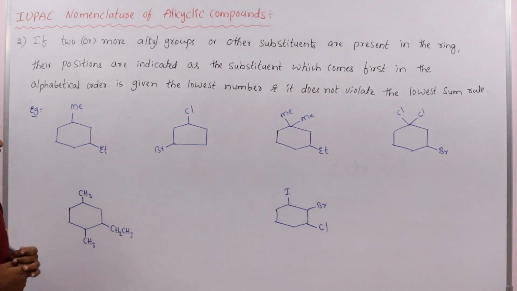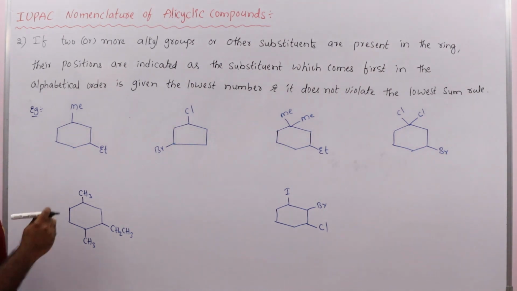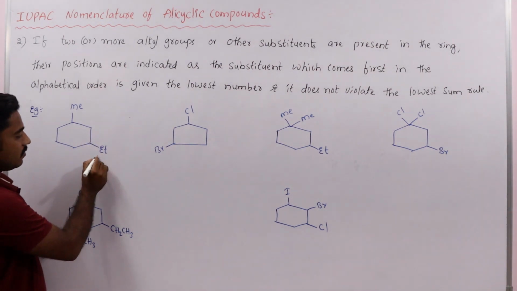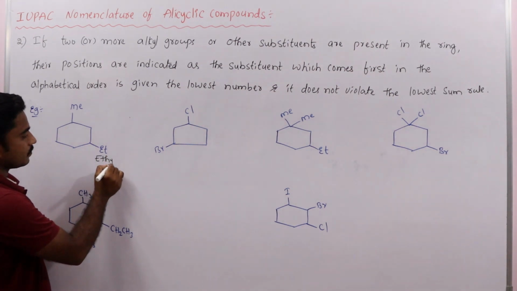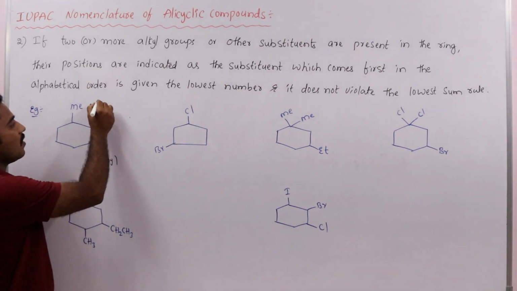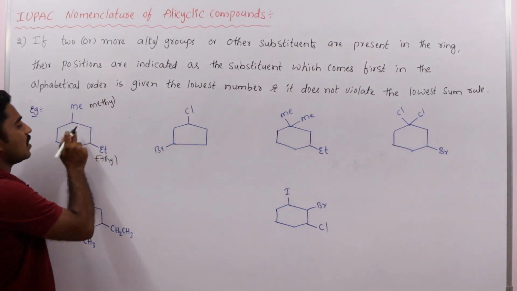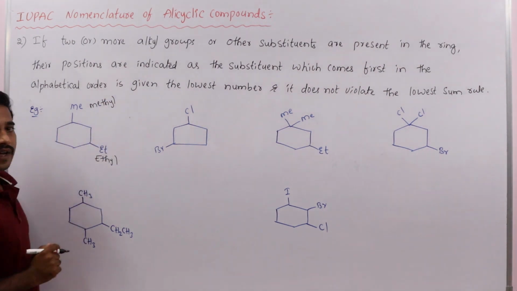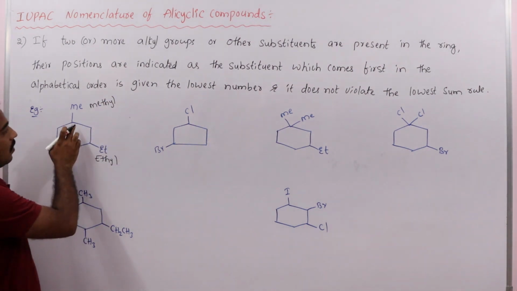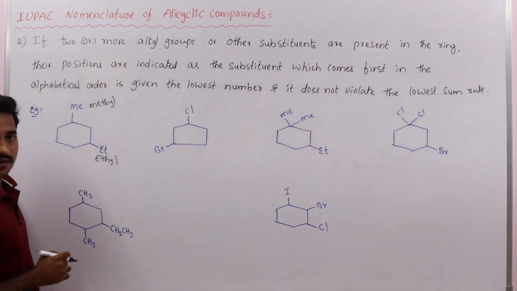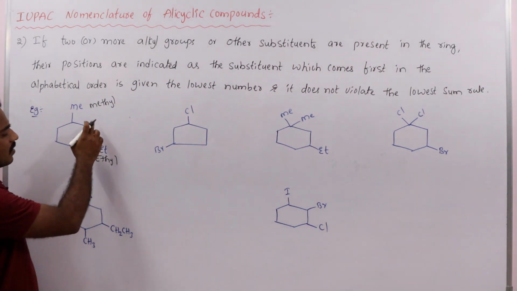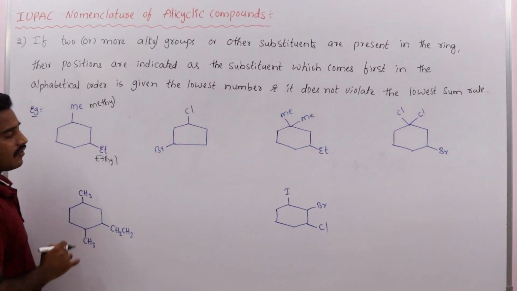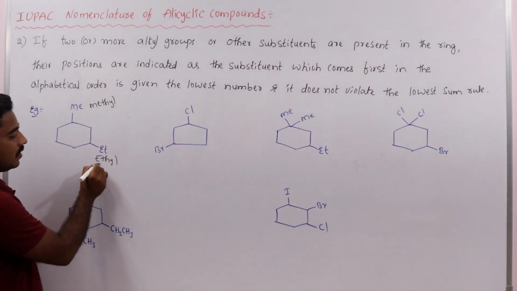Okay, here in this first molecule, Et means ethyl, Me means methyl. Here 2 substituents are present on the cyclohexane ring, one is methyl, one more is ethyl. In this, which one will come first in alphabetical order? Ethyl will come first.